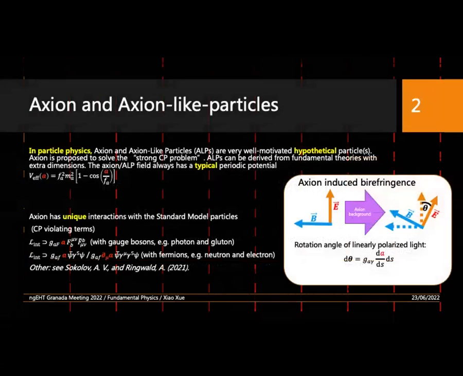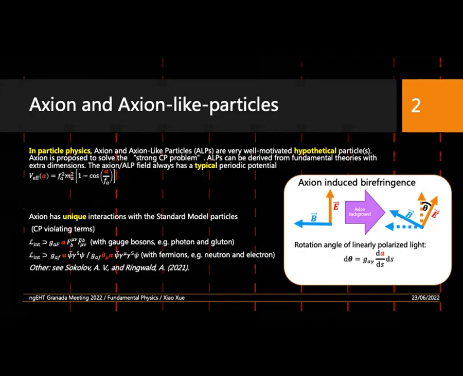Okay. So first, I would like to make a brief introduction of axion and axion-like particles. This term comes from particle physics, where axion and axion-like particles are very well-motivated hypothetical particles.